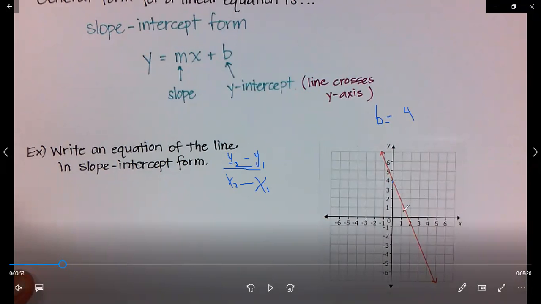When we look at the figure, we will find that we have two ordered pairs we can use. The first one is 0 and 4. The second ordered pair is 1 and 2.